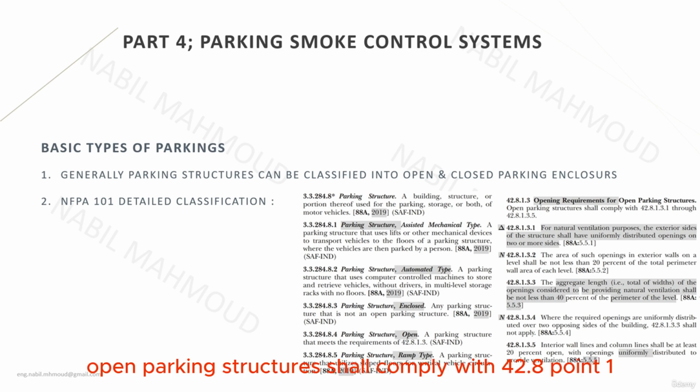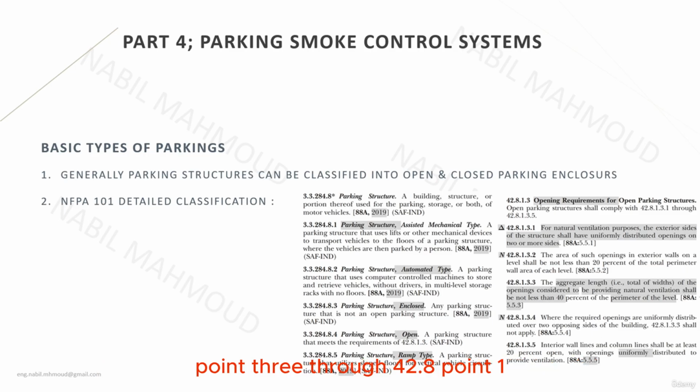Open parking structures shall comply with 42.8.1.3 through 42.8.1.3.5. And these are the following paragraphs, and I'm going to read them for you, starting with paragraph number 42.8.1.3.1, which states that for natural ventilation purposes, the exterior sides of the structure shall have a uniformly distributed opening on two or more sides of the parking.